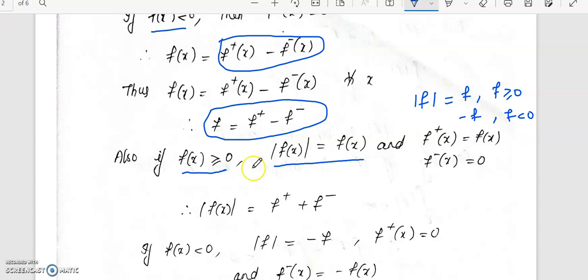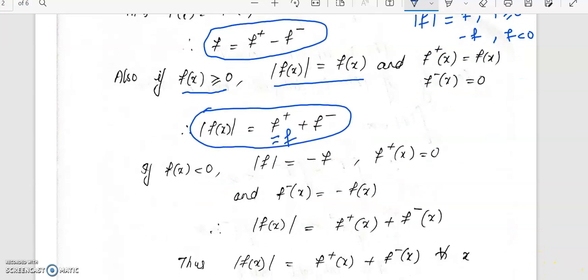When f is greater than or equal to 0, f plus is f and f minus is 0, so mod f will be equal to f plus plus f minus. Then f plus gives f and f minus gives 0, so we get mod f equal to f.